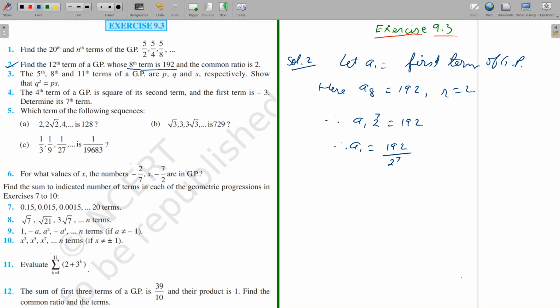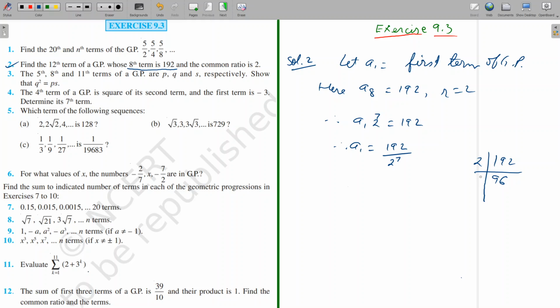Now let us do the prime factorization of 192. On dividing 192 by 2, we get 96.